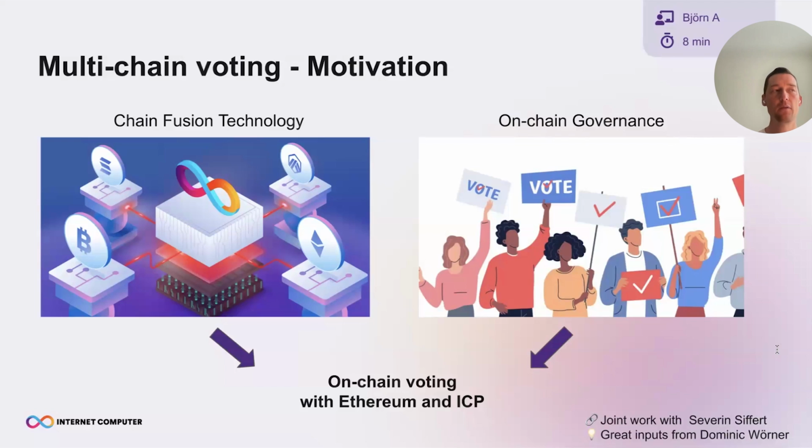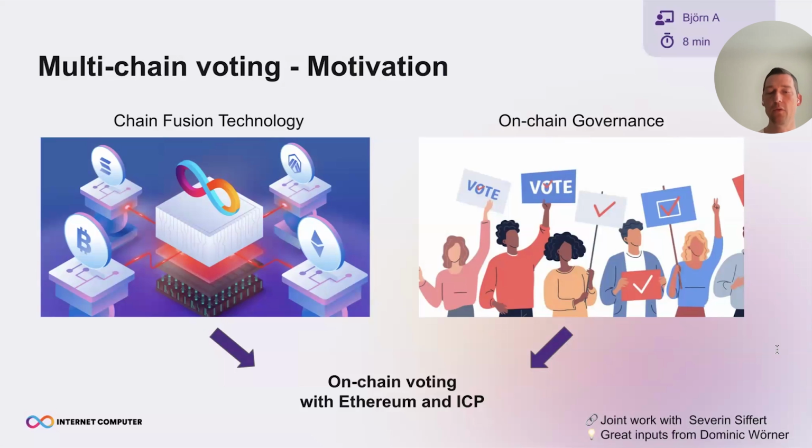The idea is that right now on Ethereum, you have quite a few DAOs that do the voting off-chain, for example using Snapshot because of high gas fees. And then somebody has to bring back the result on-chain, which of course can cause friction.